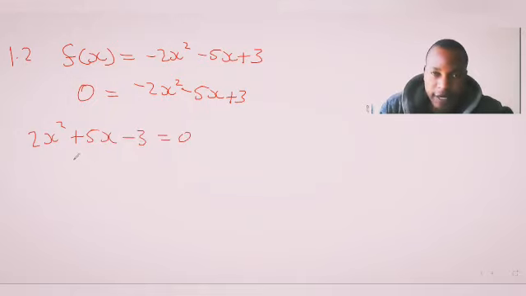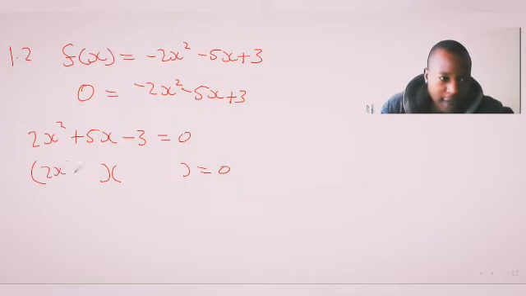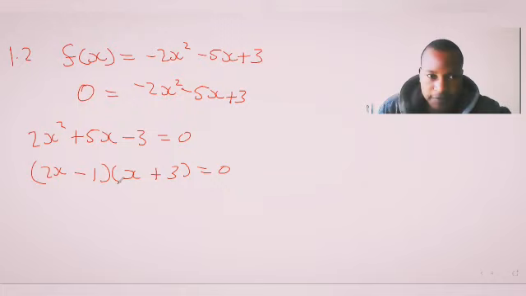We can then factorize. To factorize, we would simply have the 2x there, the x, the 3, as well as the 1. This bracket will have a negative, whilst the other has a positive. Solving for x, x would equal a half, or x would equal negative 3.